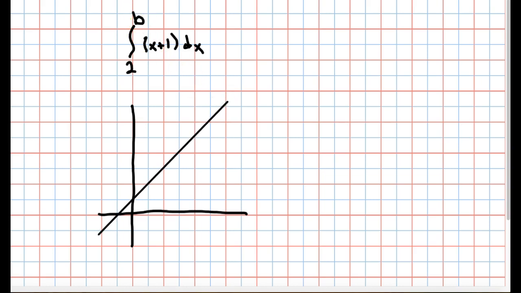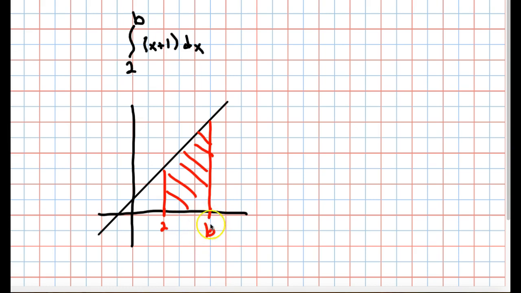And now this tells me that I'm starting at 2, so it gives me a definite value to start at, but then some arbitrary value to end at. So again, this will end up being a trapezoid. So the area of my trapezoid here will be the height.